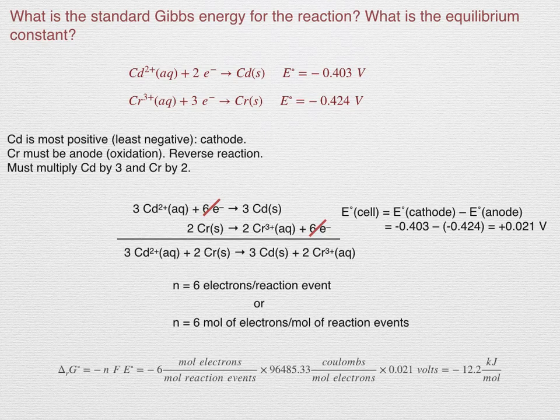But chemists generally leave off the lengthy descriptor of reaction events. It is just assumed that we know that given the context. This means that when this reaction occurs 1 mole times, as written, then the system's Gibbs energy decreases by 12.2 kilojoules. It also means that 6 moles of electrons are transferred from the anode to the cathode.